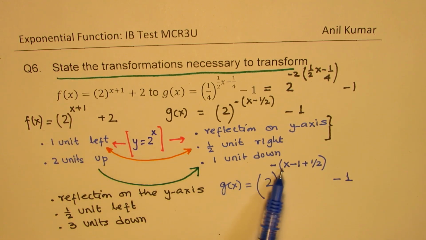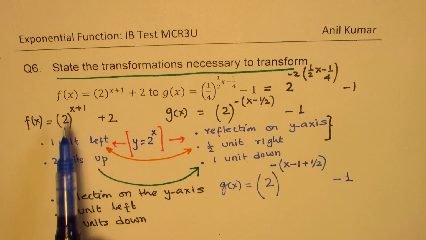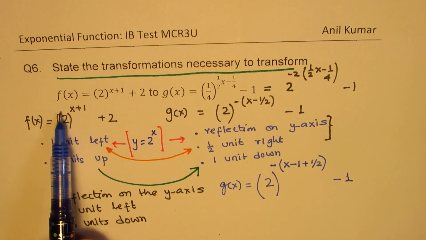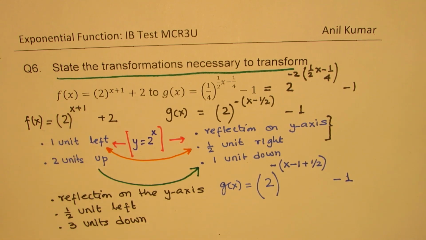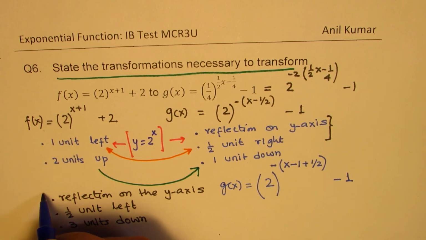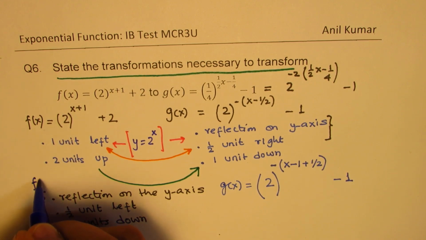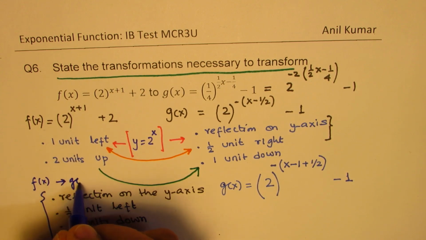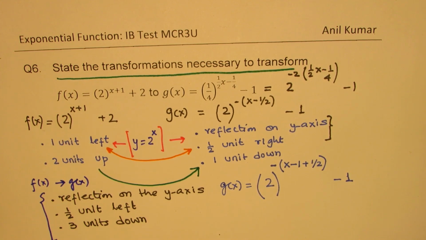If I take minus outside, then minus of x minus 1 plus 2 makes it very clear that it should be half unit left. This is your half unit left. So I hope that helps. So our final result, from f of x to g of x, the transformation should be reflection on the y-axis, half unit left, and 3 units down.